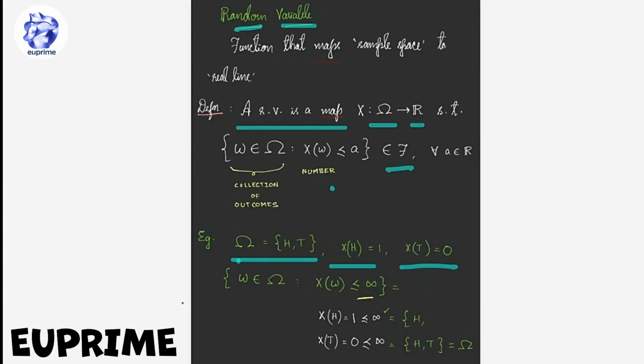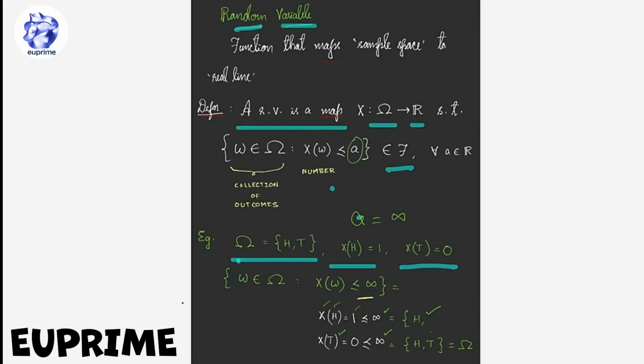Now again, here A is equal to infinity. This A term, that is the condition. So as long as X of omega is less than infinity, we check that. X of H is 1, which is less than or equal to infinity. As a result, this is a valid outcome. Now X of T is equal to 0, which is less than infinity.